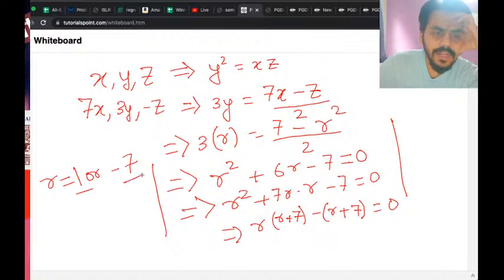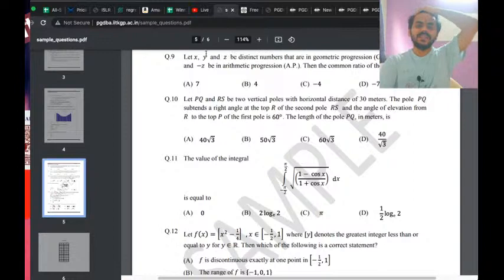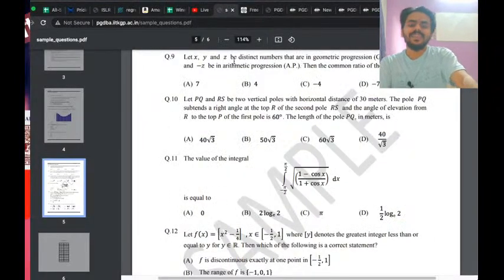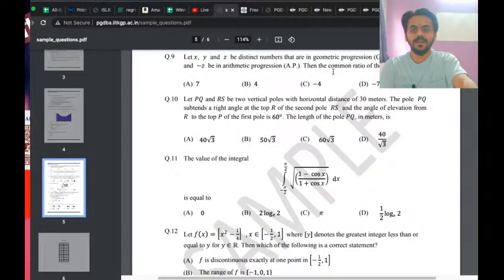Now we already know that the numbers x, y, z are distinct, right? In the question description they have mentioned x, y and z are distinct numbers. So x, y, z cannot be the same, so the common ratio cannot be 1. So definitely the common ratio has to be minus 7 over here, which is option number D.